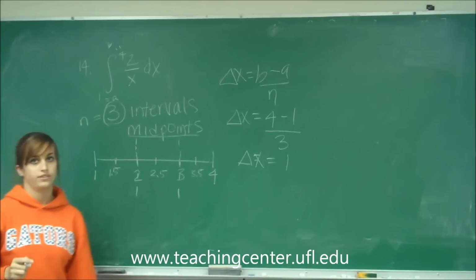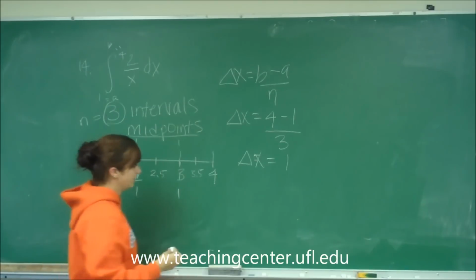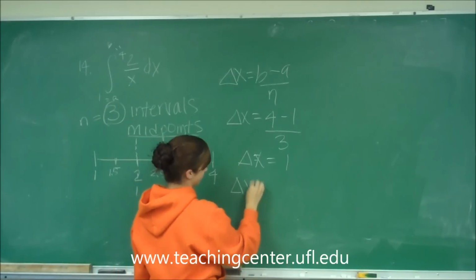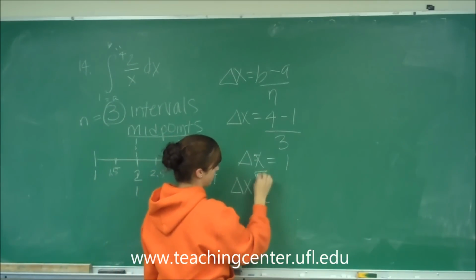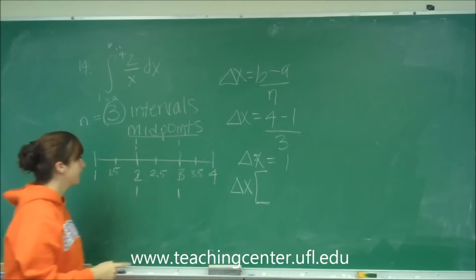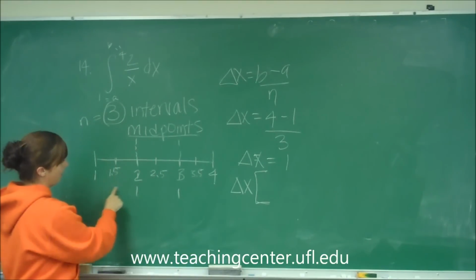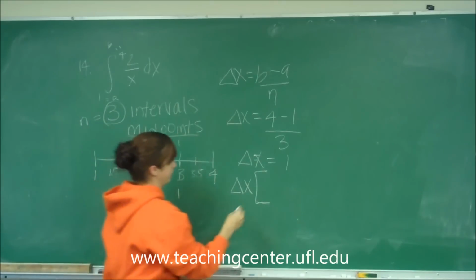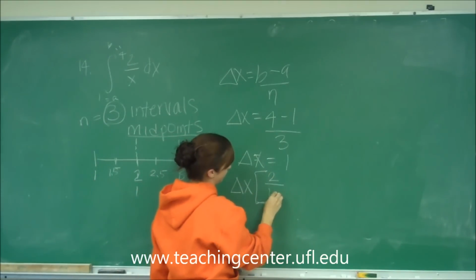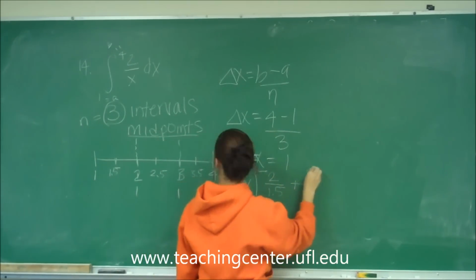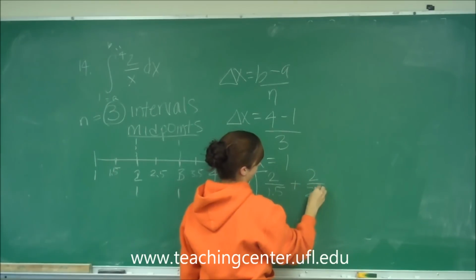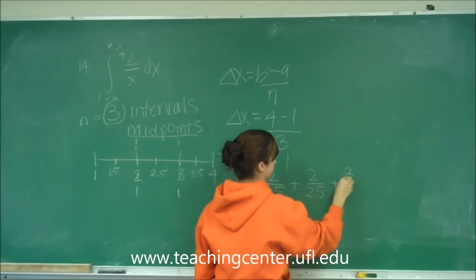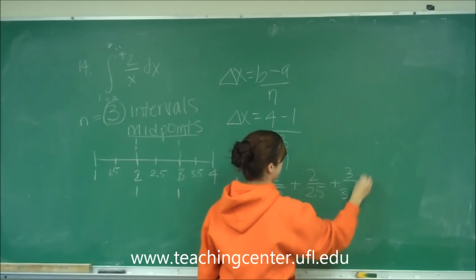Now you multiply your delta x by the height, because you're using rectangles, at all of these subintervals. So we plug the midpoints into that function. We'll have 2 over 1.5 plus 2 over 2.5 plus 2 over 3.5.